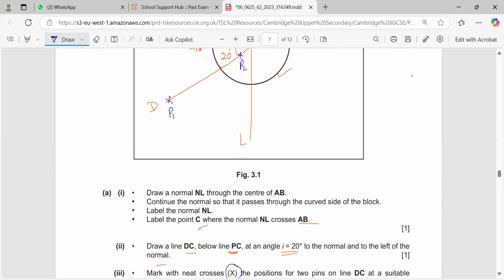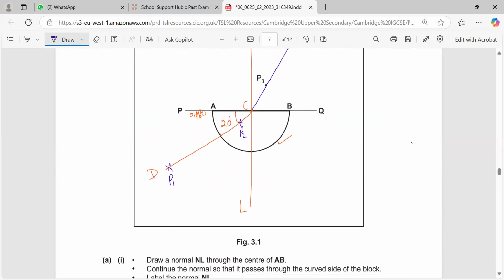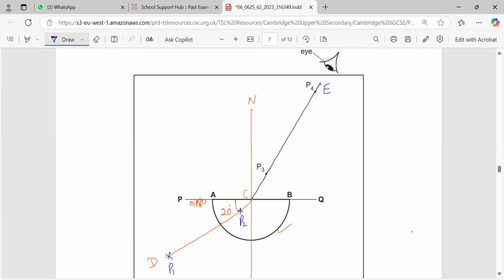NL and EC, no problem. NL and EC. Basically, see, NL is here and EC. So it means you need to measure this angle. Please, my dear friends, measure it and let me know what this angle is. Because you are following the instructions, please measure and let me know.